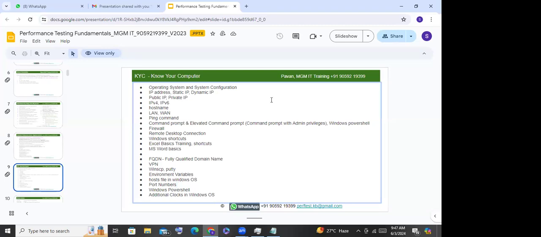Now, when we say system configuration, what we are talking about is the capacity. What do I mean? Let's say I want to buy a car. What is the first thing that we would see? The engine capacity, isn't it? Let's say I take a Maruti 800 engine and put it in a big SUV, would it be able to run properly?